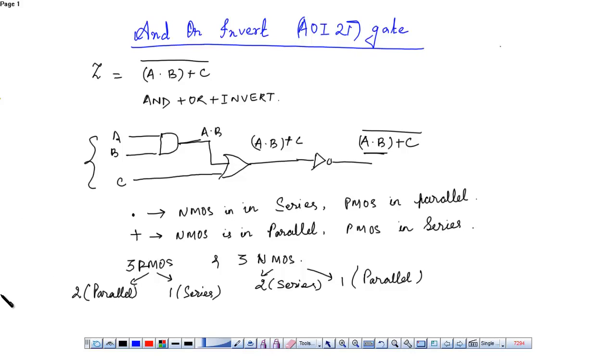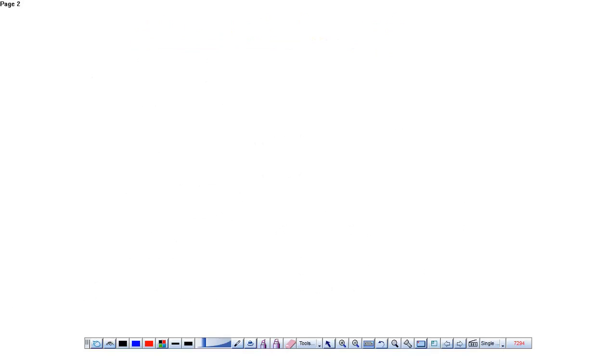So now we'll see the truth table of this AND OR invert 21 gate.